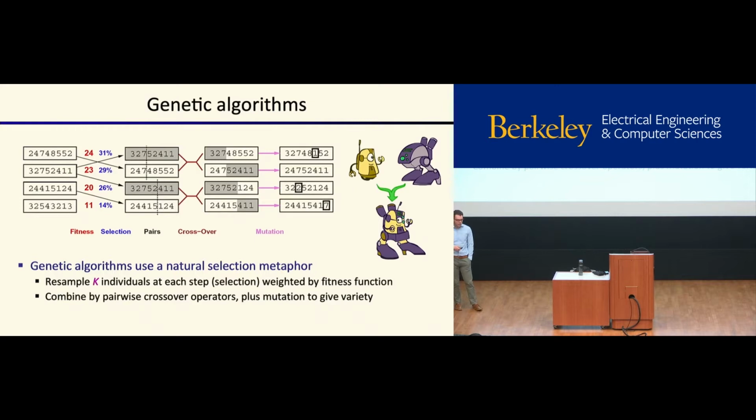And then once you've selected which pairs of states you want to continue into the next generation, what you'll do is actually cross these pairs of states. So here we have these two states, right? 327 and 247. And what crossing them over is going to do is, we're going to take this 327, and that's going to go directly here. We're going to take this 247, that's going to go here. But then we're going to swap these other two pieces, right? So the gray part is going to go down, and the white part's going to go up.